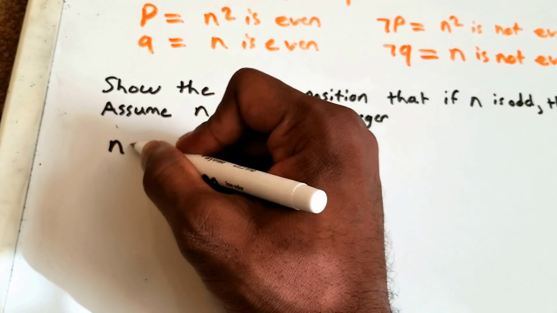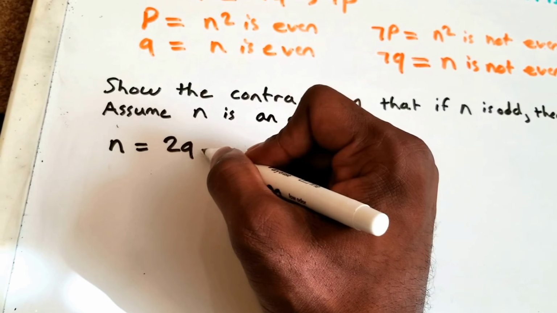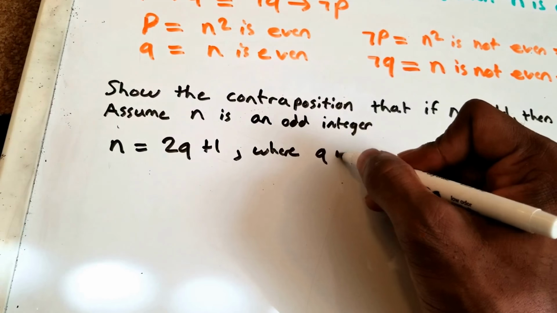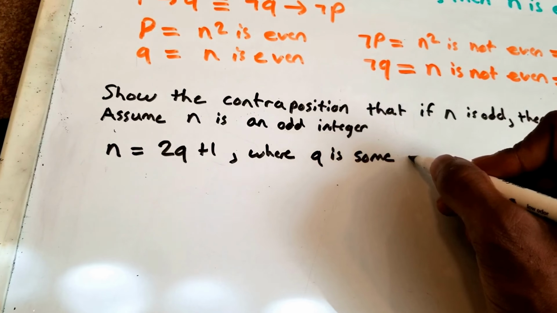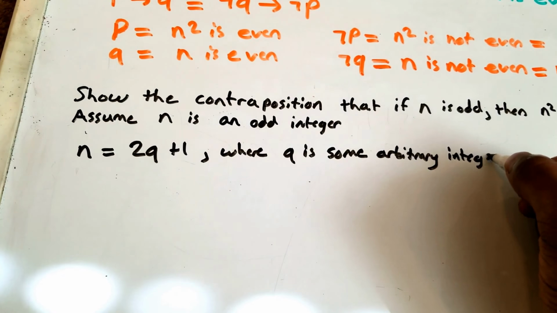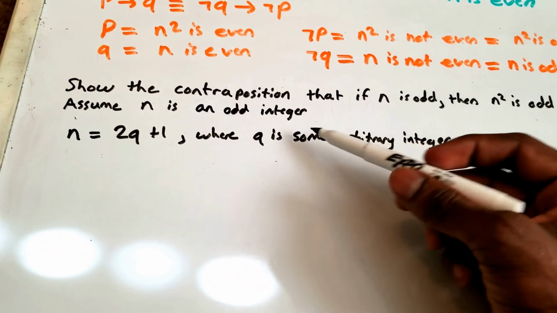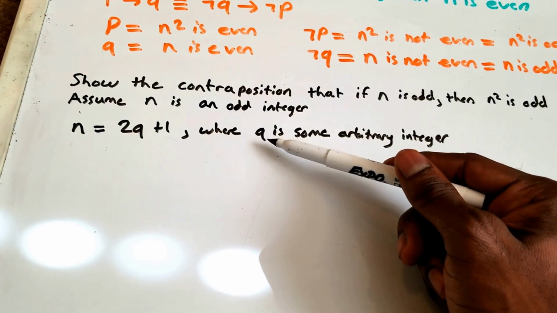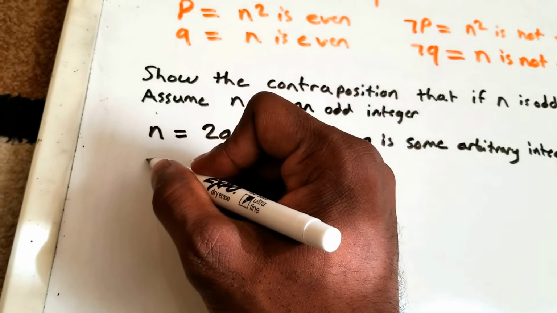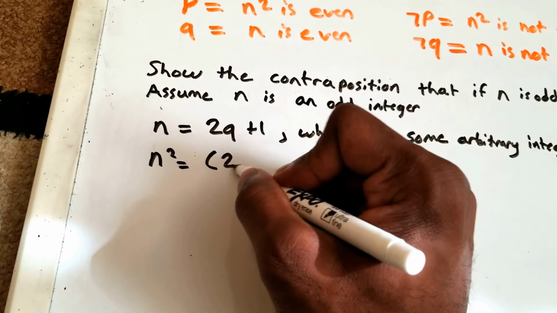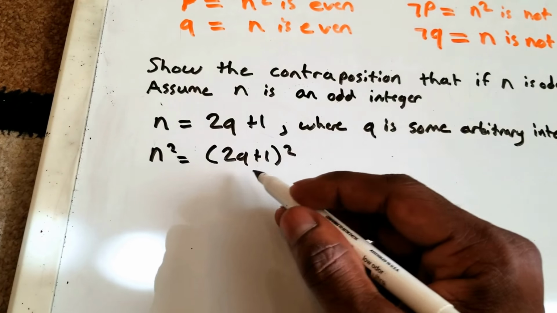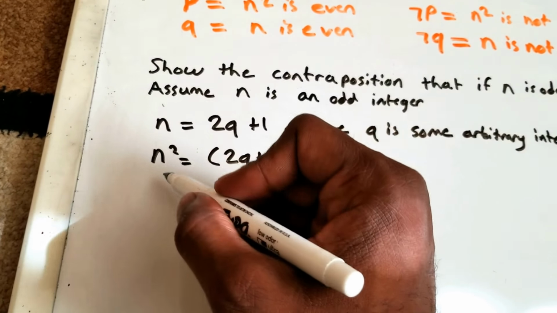That means that we get n is equal to 2 times q plus 1, where q is some arbitrary integer. I'm not going to keep writing this over and over again, but just remember that q is an integer value. Now if we square both sides, we get n squared is equal to 2 times q plus 1 squared. And again, q is just some arbitrary integer value.